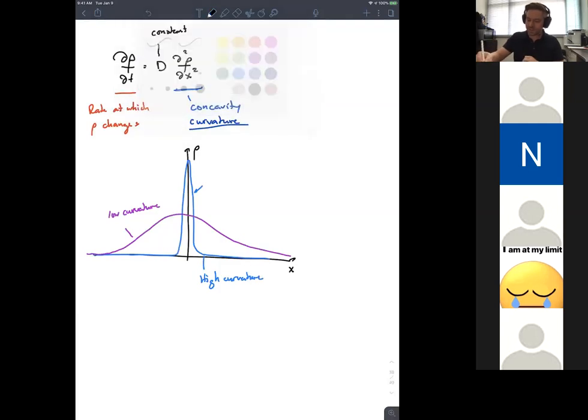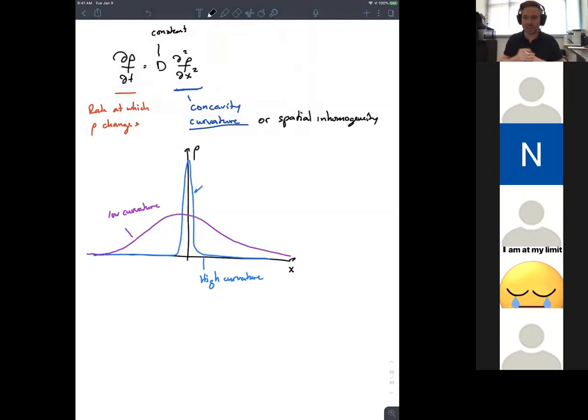So curvature, or spatial inhomogeneity, is what drives diffusion.